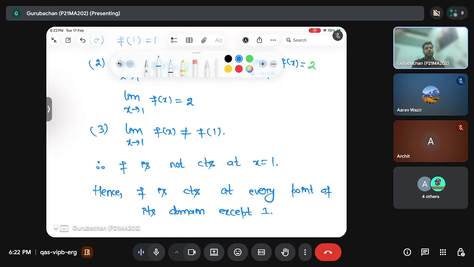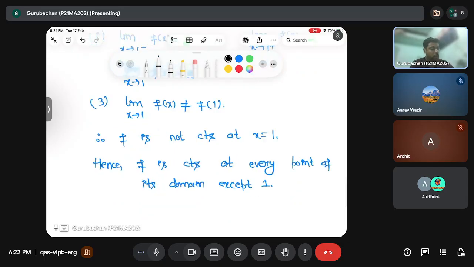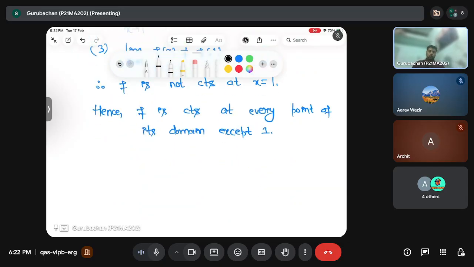Is it clear to everybody? So now you know how to check the continuity of a function, and since it is not continuous, what do we call it? Discontinuous at x equal to 1.